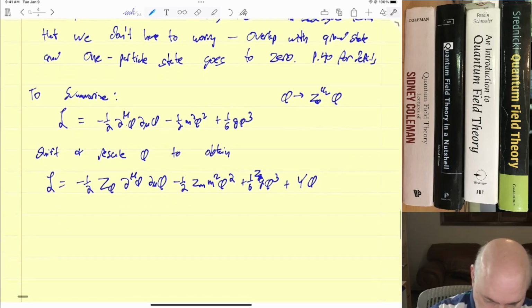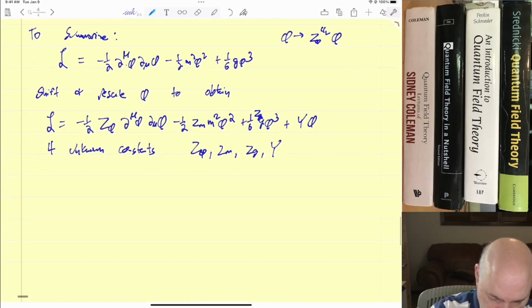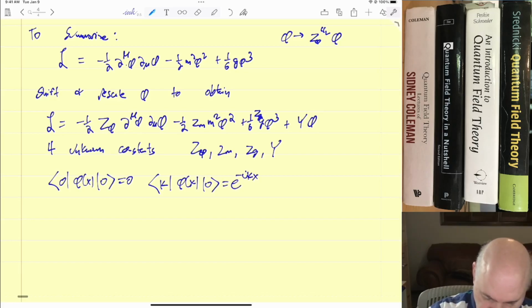And so there are 4 unknown constants: z phi, zm, zg, and y. Our renormalization conditions give us 2 conditions.